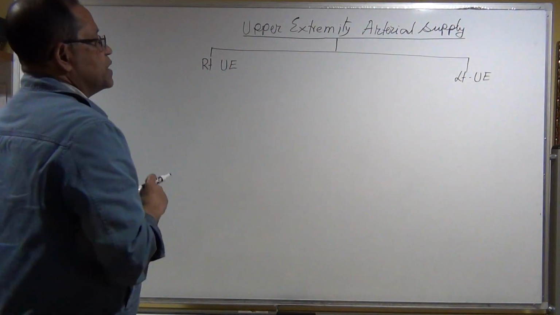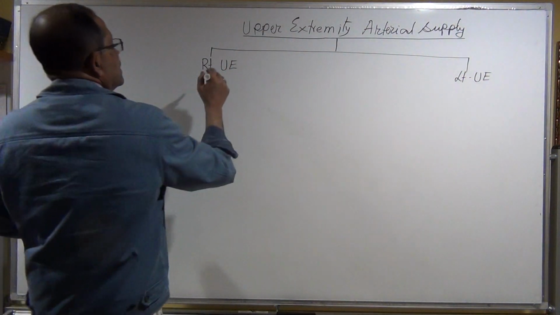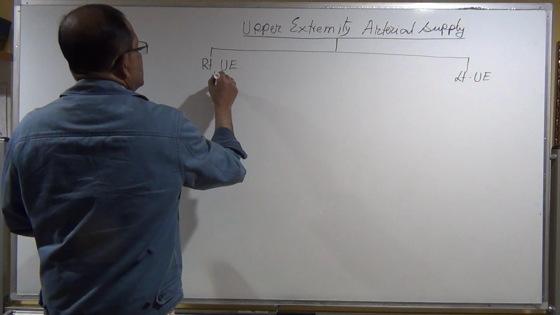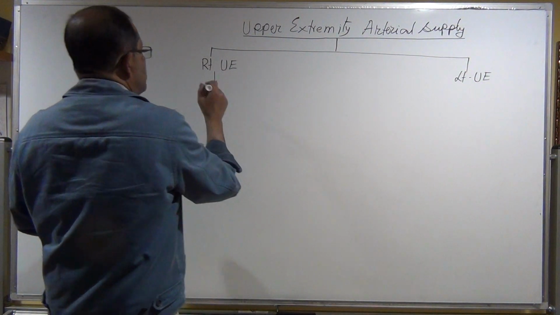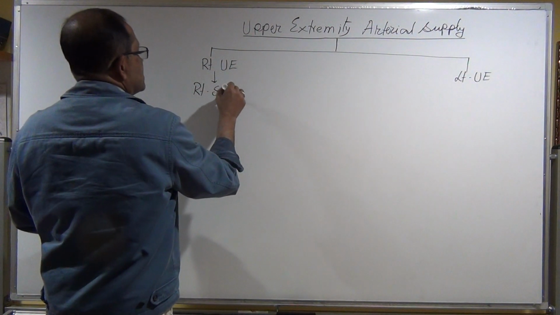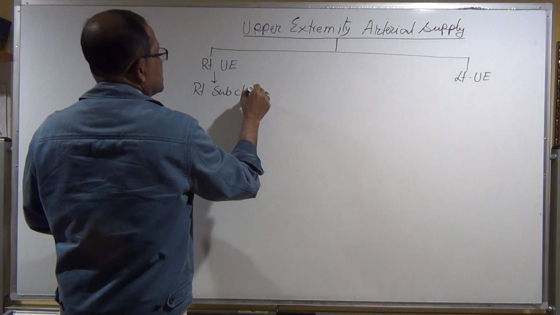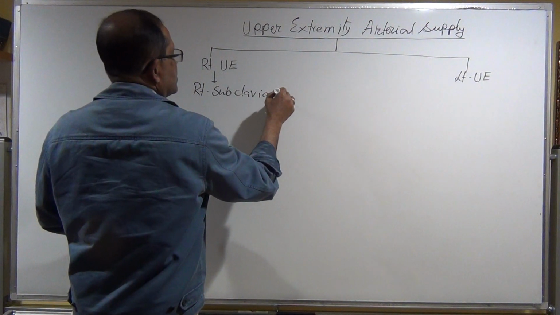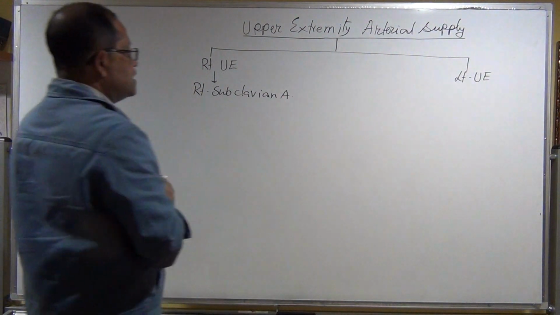The right upper extremity is supplied by the subclavian, the right subclavian artery.